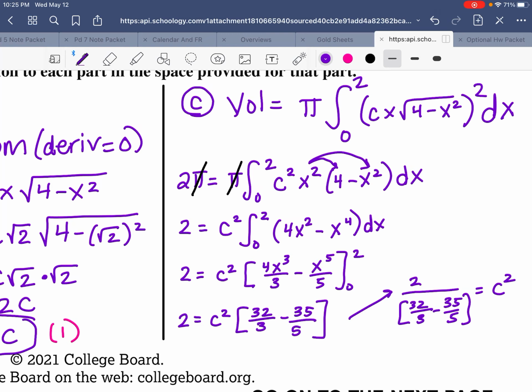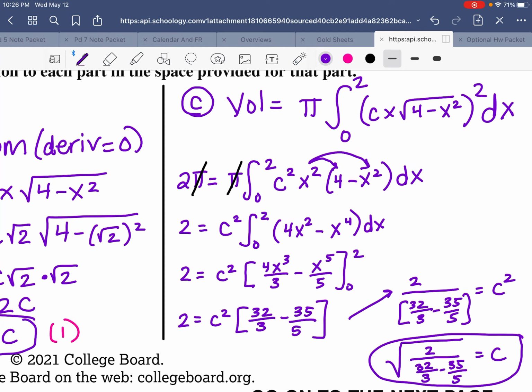And then I'm going to take the square root. Normally when we take the square root, we're going to take plus or minus. This time, we're not going to use plus or minus because they told us up top that c was a positive constant. And that's how I would leave my answer.